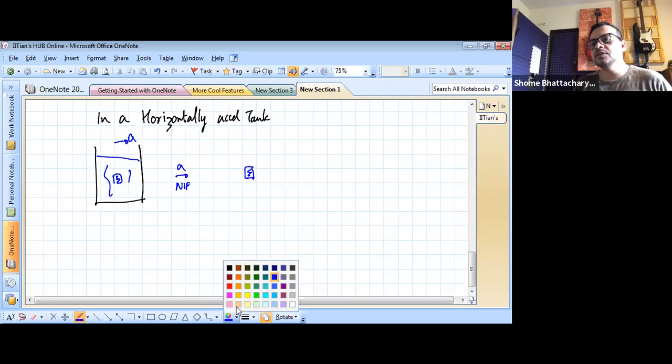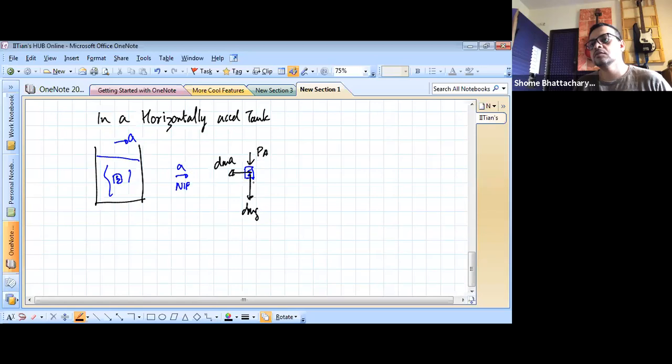So on that fluid element, there is pseudo force and there is weight, like this, and there is force due to pressure like this.